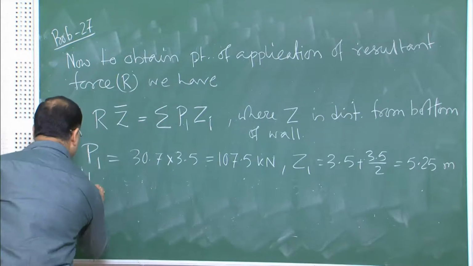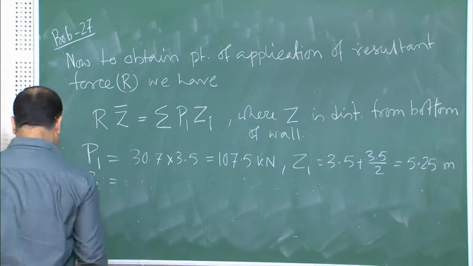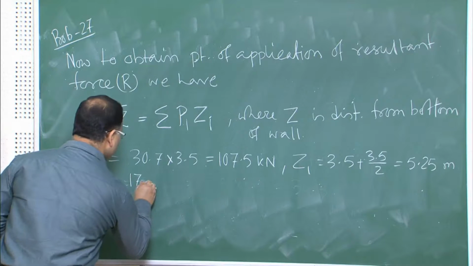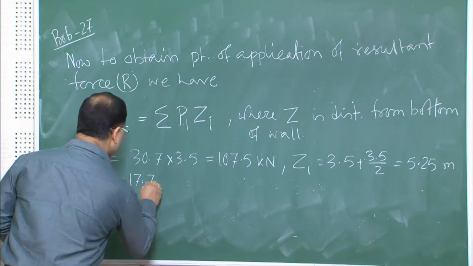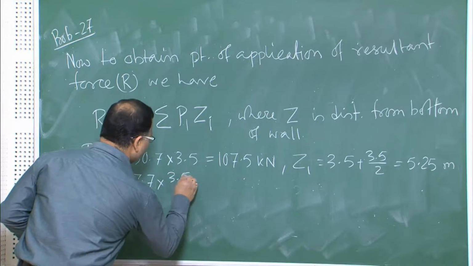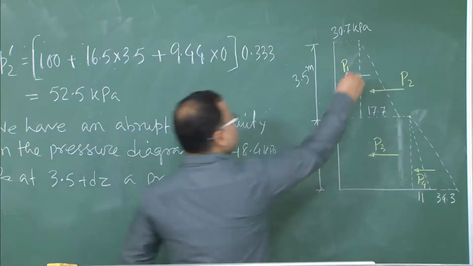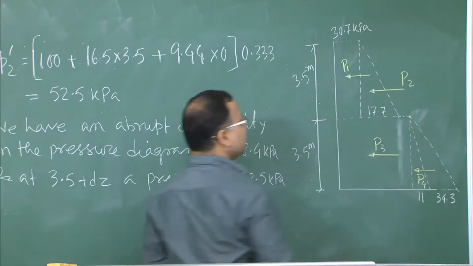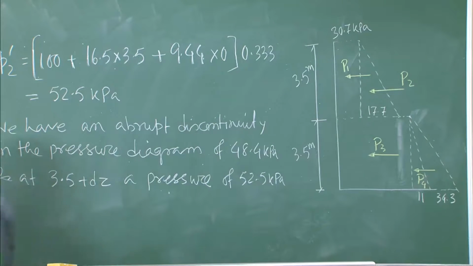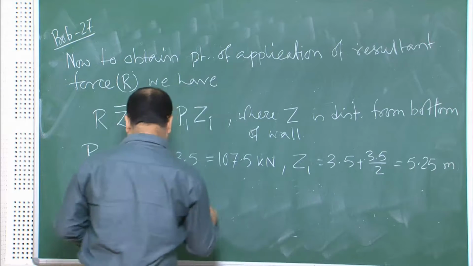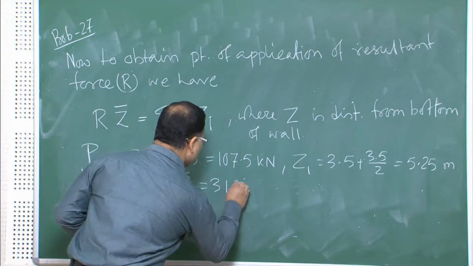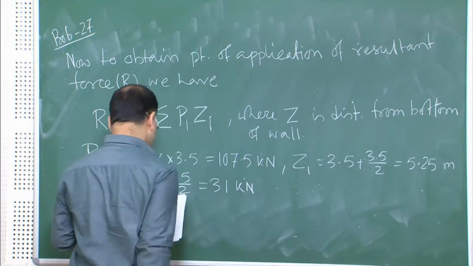Similarly, I can find out P2, which is nothing but 17.7 into 3.5 by 2, that is the area under this triangle. So, that comes as 31 kilonewton.